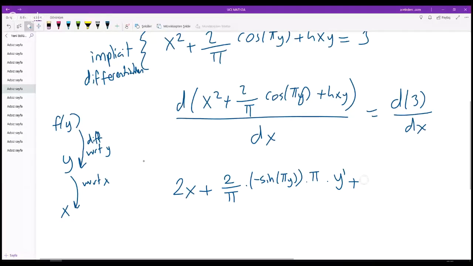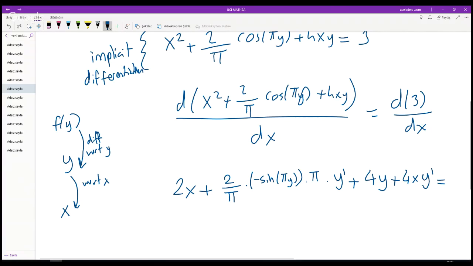Plus, now product rule. The derivative of 4xy is a product rule. The derivative with respect to x: this is 4y, plus write x times the derivative of y with respect to x. Do I know that? No, y prime. Equals, what is the derivative of 3? What is the derivative of 3 with respect to x?